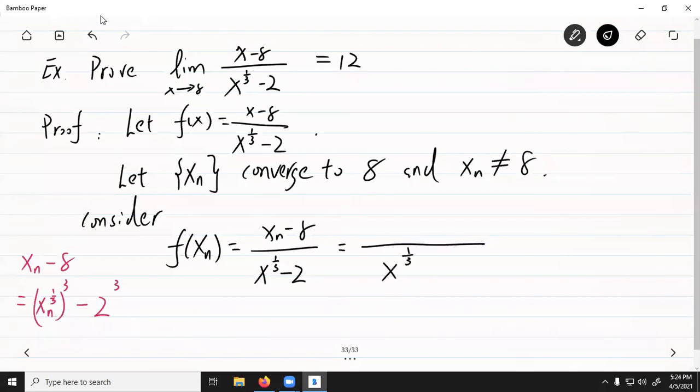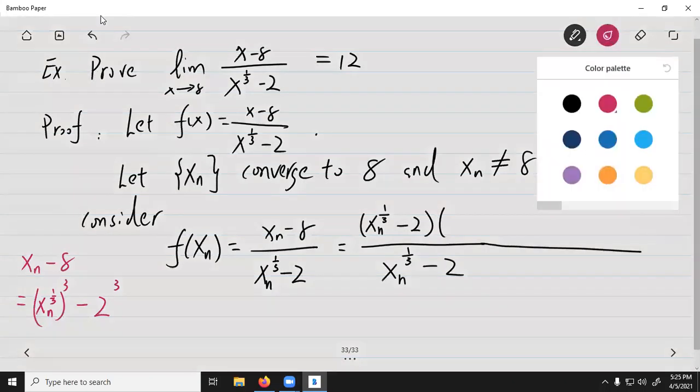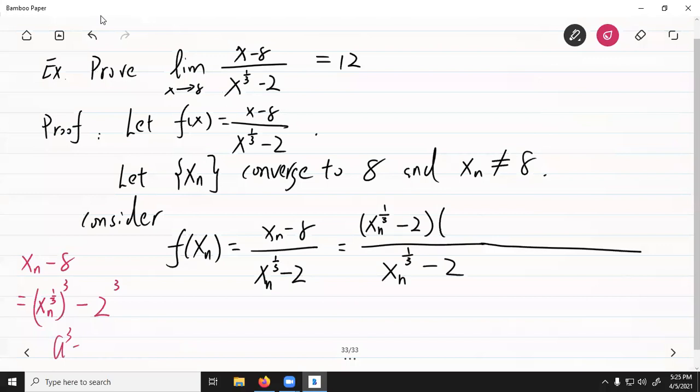This is x_n^(1/3) minus 2, and the numerator is (x_n^(1/3) minus 2) times something. We use the formula for a cube minus b cube, which is equal to (a minus b) times (a squared plus ab plus b squared).